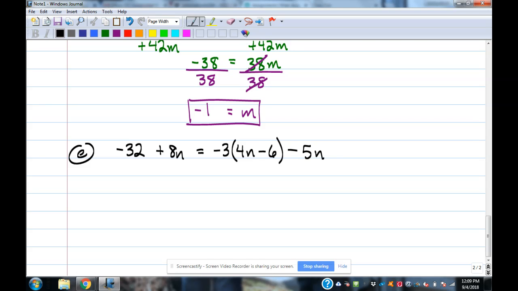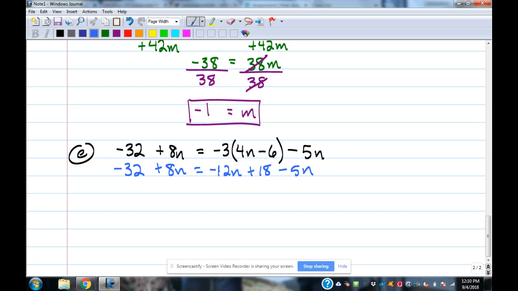All right, that -3 is in front, distributes to both of those things on the inside. Does it distribute to the -5n on the end? No. So that's going to give us -12n plus 18, then -5n. The other side I hadn't done anything to yet, so I'm just going to copy it down. So this is distributing -3 to 4n, -12n, -3 times -6, turns to +18, then the 5n, just bringing it down.